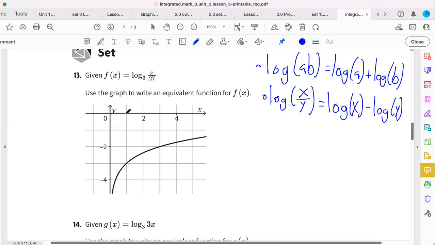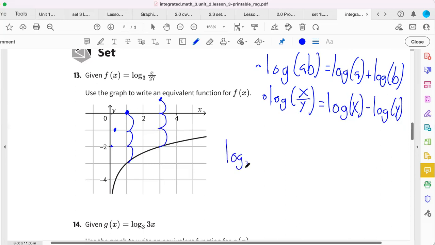So a few different ways that you could rewrite this log. And I know you could just kind of think out, all right, well, log base 3 is going to be like point here, point here. You'll have a point at 1/3, -1, and so on and so forth. And I get that. Could do that. You can also think about how it's shifting downwards. That might be something to think about. How many shifts downwards did it go?